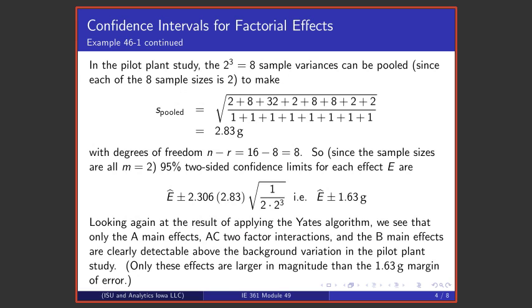For example, in the pilot plant study, we had 8 samples of size 2. If we take those 8 samples of size 2 and take the sample variances, those sample variances were 2, 8, 32, 2, 8, 8, 2, and 1.